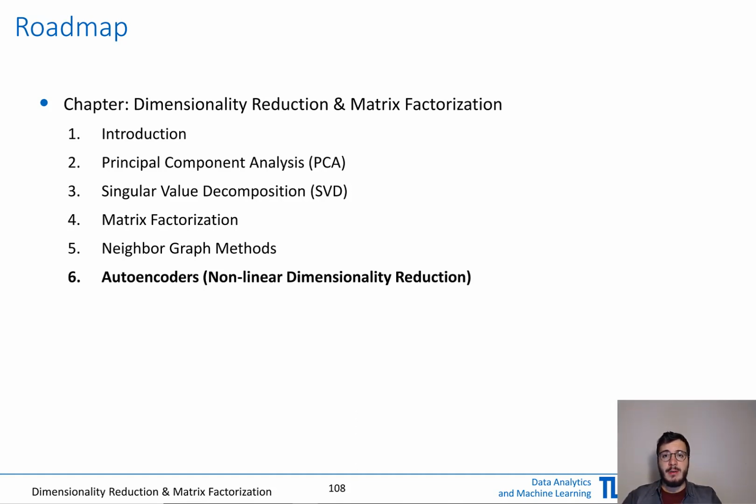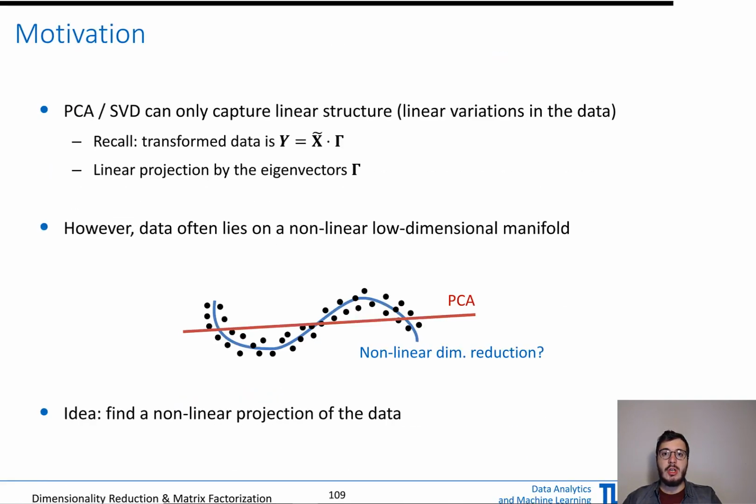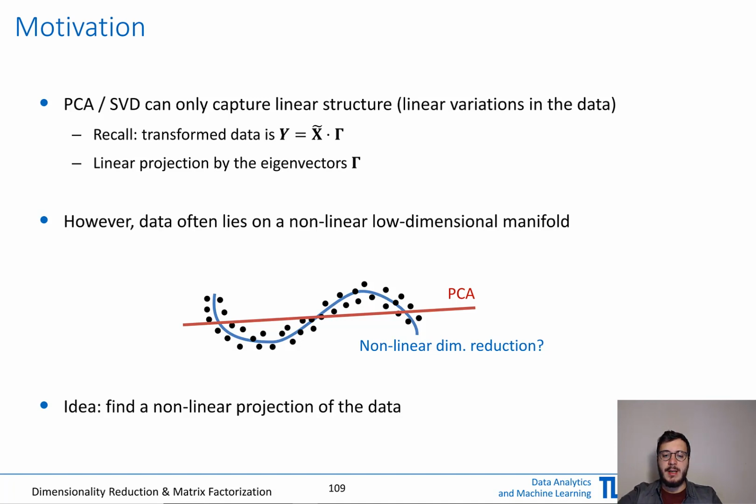The motivation for autoencoders is that the data often lies on a low-dimensional nonlinear manifold, like here in this example. And if we use linear methods like PCA, sure, we can capture the direction of most variance, but we'll never really be able to capture the intrinsic nonlinear structure of the data. Remember, PCA takes the original data and uses a linear transformation to obtain the projected data.